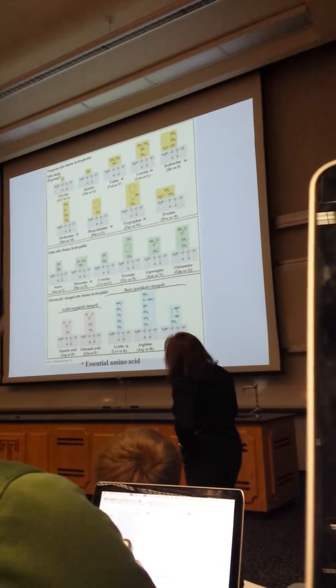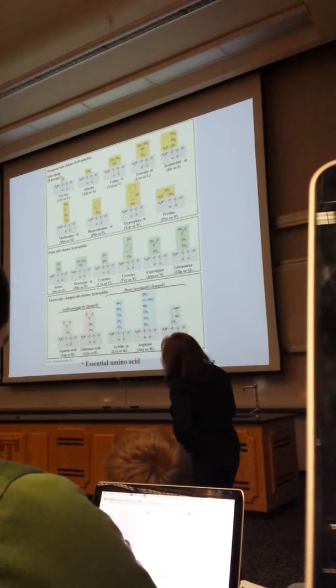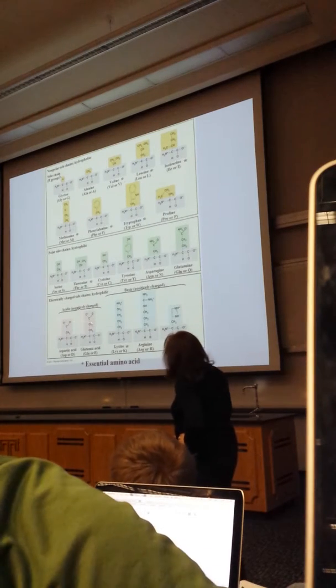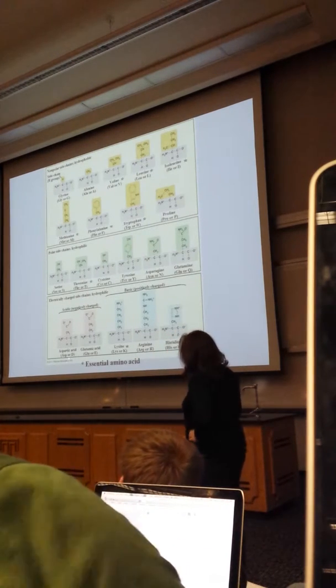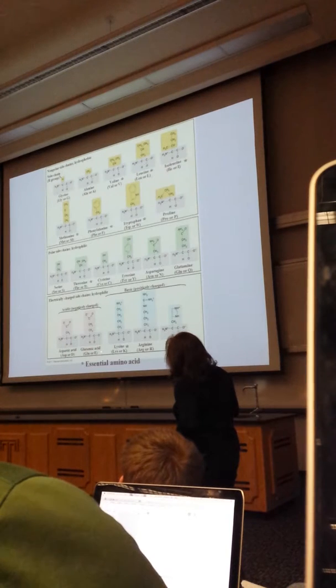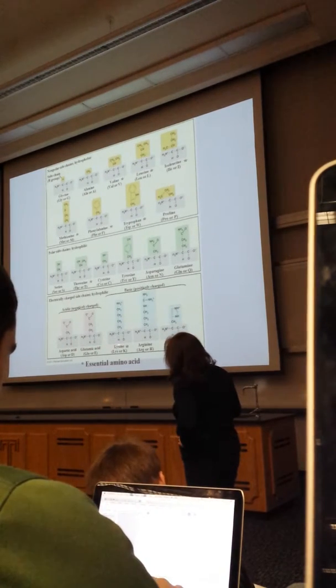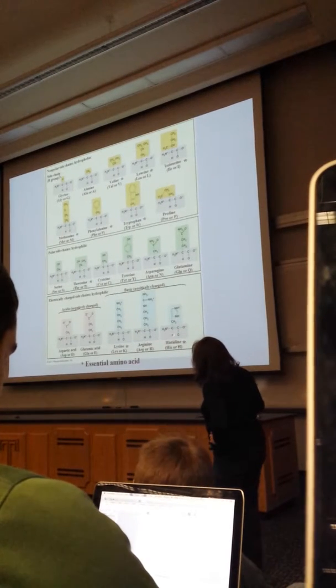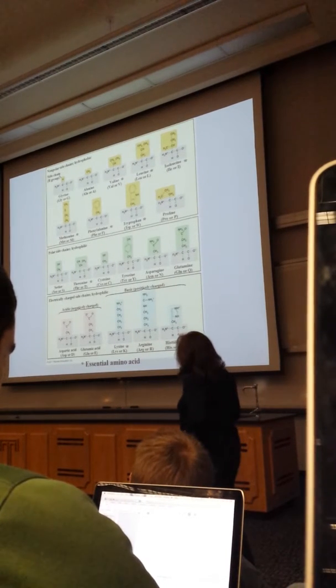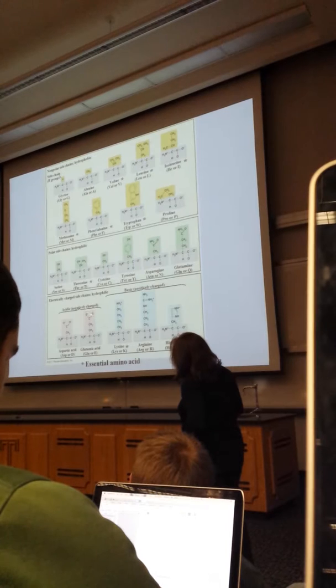Then we come down to another group of hydrophilic amino acids, the charged amino acids. That would include aspartic acid and glutamic acid, and also the positively charged amino acids lysine, arginine, and histidine. The acidic ones are negatively charged, the basic ones are positively charged.